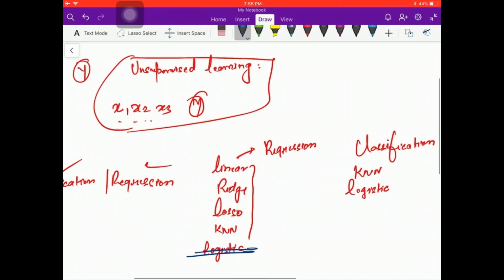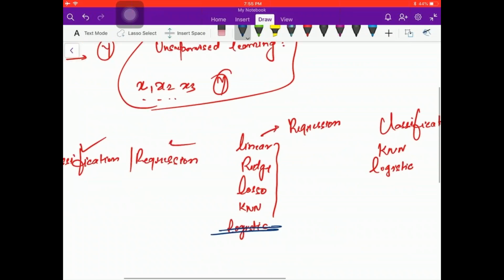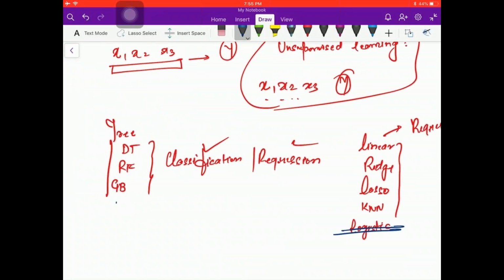We have covered all, right? SVM. Can anyone answer about SVM? That's classification, right? SVM can actually do both. I can pardon you that because we didn't discuss regression on that, but SVM can do both.